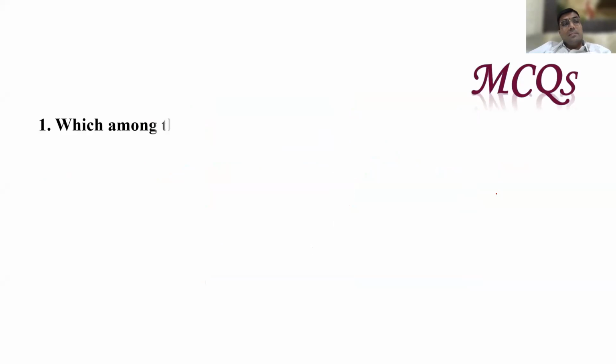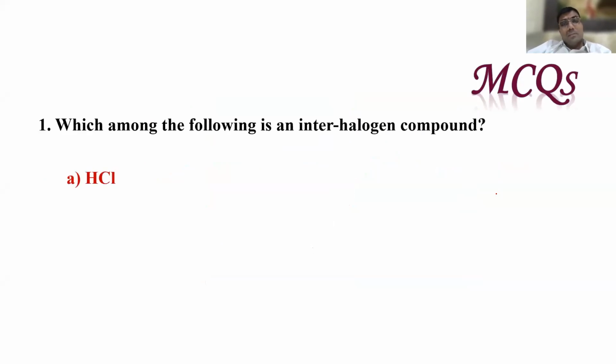So let us see some simple questions in interhalogen chemistry. Which is the interhalogen compound? ClF, because it is between two halogens. Simple questions.